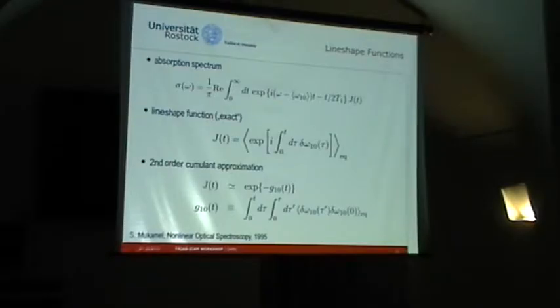We will use essentially the exact form in the following analysis, and just at some point make a comparison with the cumulant expansion to see how higher order cumulant terms appear to play a role here.